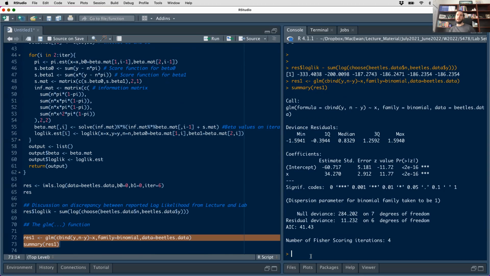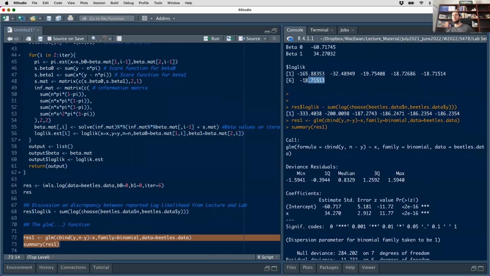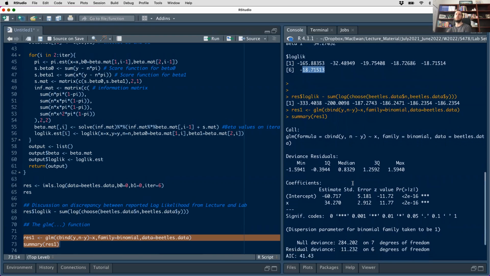So if we take 41.43 and we subtract 2 times the number of parameters, which is 2, and then we divide this expression by -2, you can see we end up with -18.715, which is the log likelihood that we get at convergence when we include the combinations term in the function.